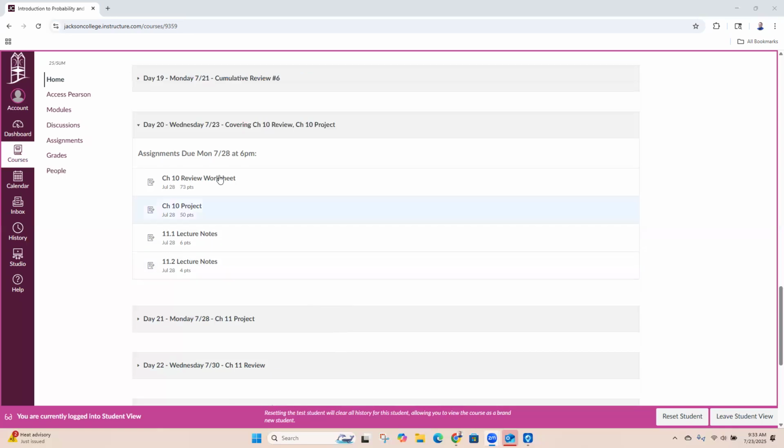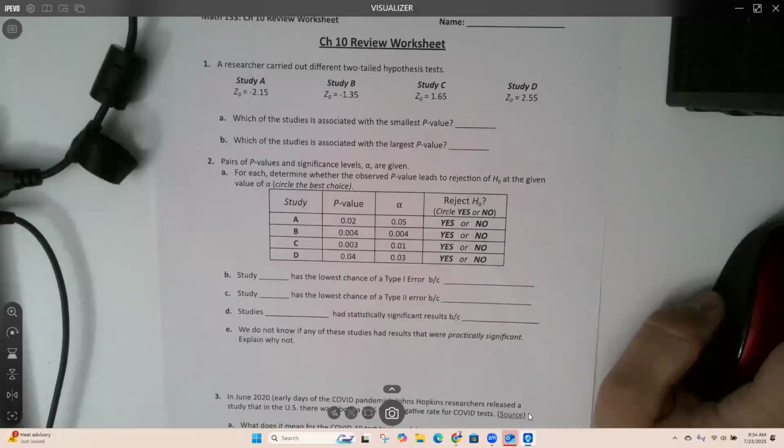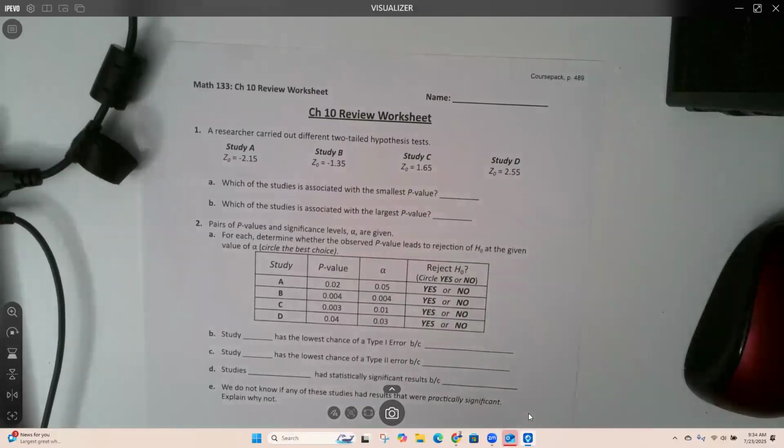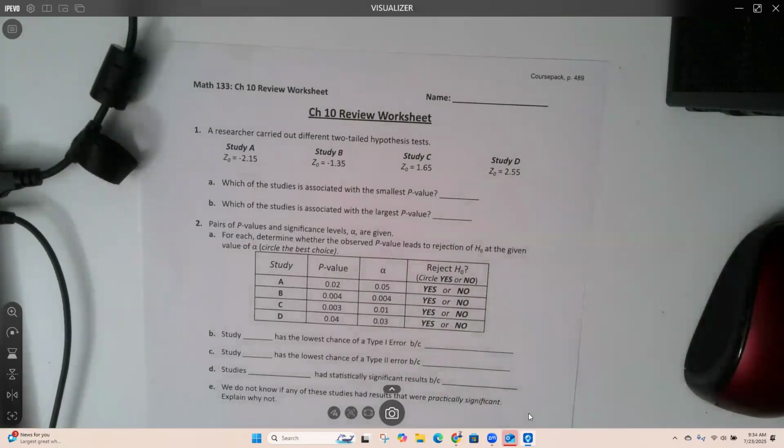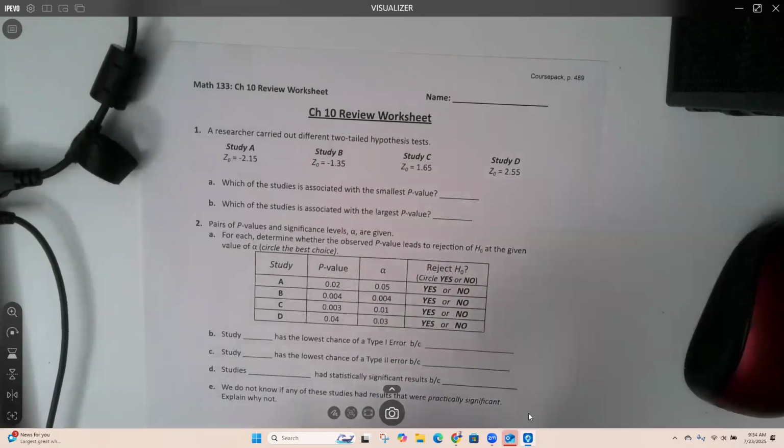Okay, so today though, we're covering two different things. The chapter 10 review, we're going to start with that, and that is going to start on page 489 in your course pack.